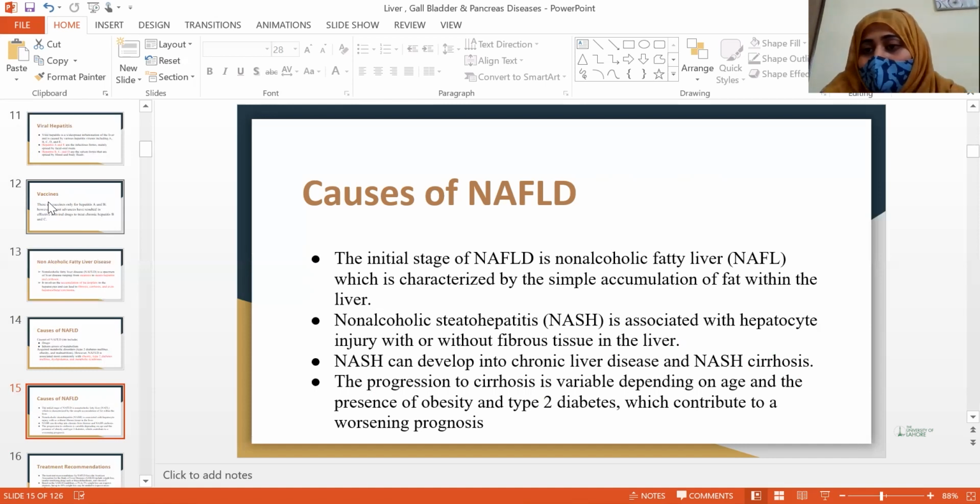Cirrhosis is the end stage of liver disease in which almost all of the liver is damaged. The course of cirrhosis varies depending on age and the presence of obesity and type 2 diabetes, which contribute to a worsening prognosis.